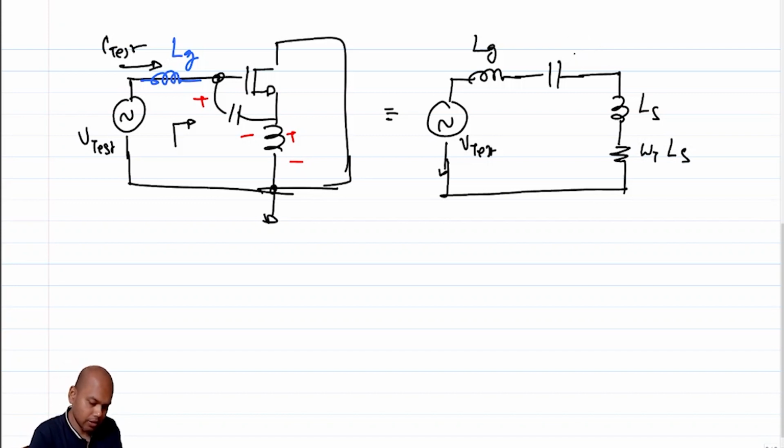Previously the CGS was resonating with Ls. Now I can size the Lg in such a way that the combination of Lg plus Ls resonates with CGS. So I basically free Ls from setting the resonant frequency alone. Ls times omega t can set the 50 ohm match, and the combination of Lg and Ls can be used to move the center frequency around. So essentially use Lg to move the center frequency and use omega t Ls to match. That is an easy hack that often can be done.